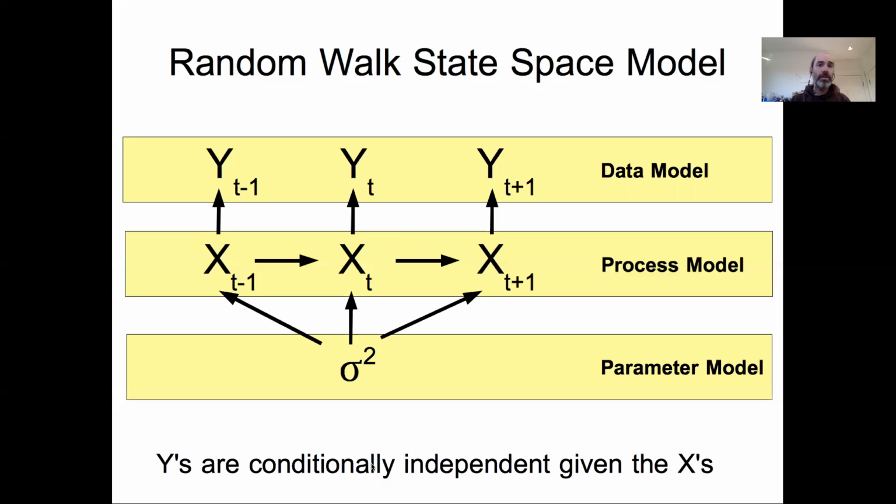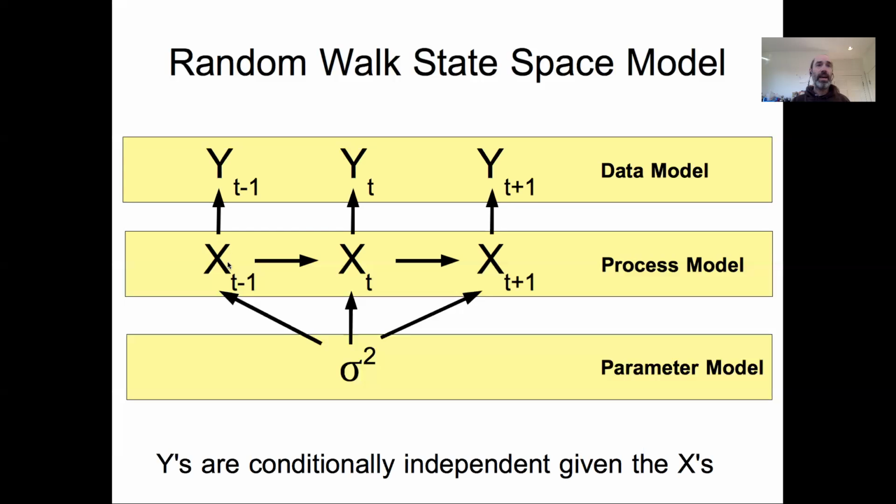It's important to note about this state space framework, and one of the things that makes it so powerful, is that unlike a traditional time series model where you have y changing through time with some autocorrelation between those y's, that then we'll see in later sections leads us to having to generate these huge covariance matrices between all of our y's, conditional on the x's, conditional on the idea that the dynamic process model underlying this is capturing the dynamics of the system, the y's are now treated as conditionally independent.